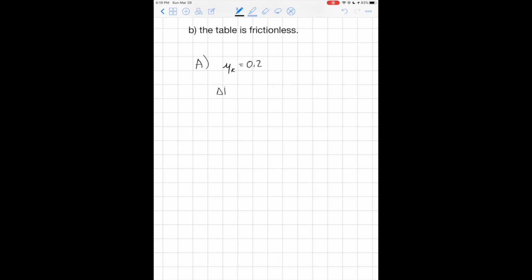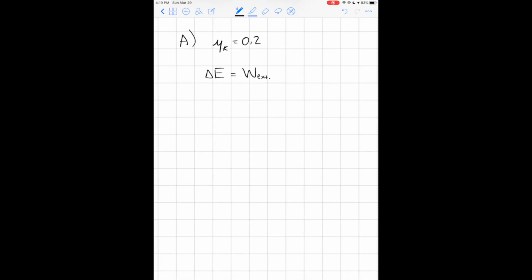We're saying that the total change in mechanical energy of our system is equal to the external work being done. So if we split this up a little bit more, we can say delta K, or kinetic energy change, plus delta UG, which is our gravitational potential energy, and of course delta UE.